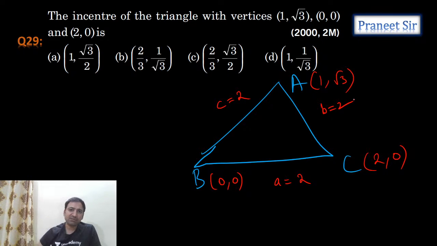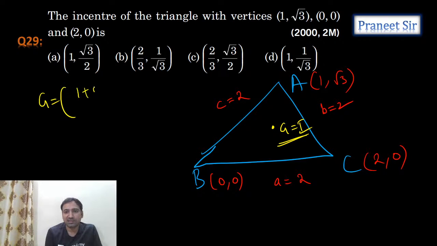What does that mean guys? Isn't it an equilateral triangle? For an equilateral triangle, incenter and circumcenter are the same. Incenter and centroid are the same, right? Instead of calculating the incenter, can I calculate the centroid? Because as it is an equilateral triangle, centroid and incenter coincide. So instead of calculating the incenter, I will calculate the centroid. But what is the centroid formula? (x1 + x2 + x3) by 3, comma (y1 + y2 + y3) by 3.